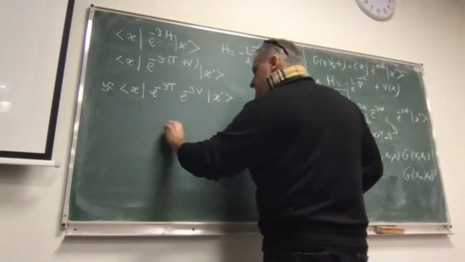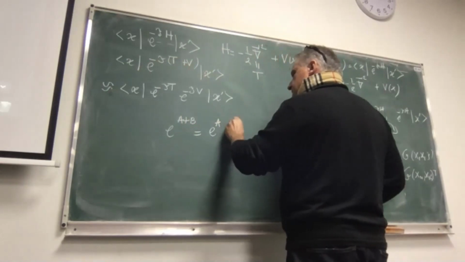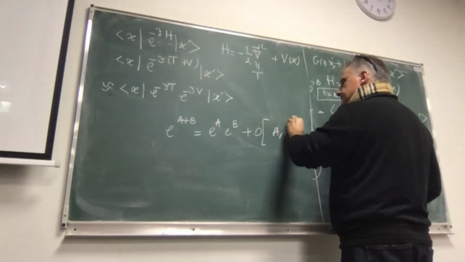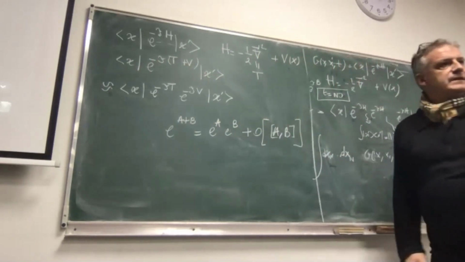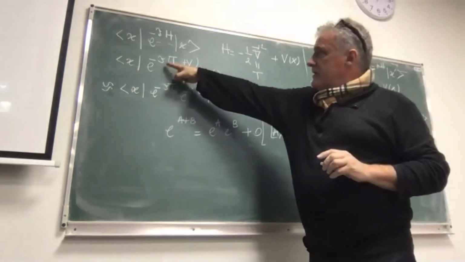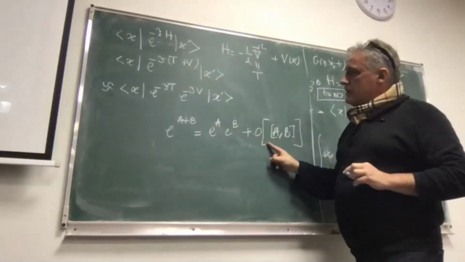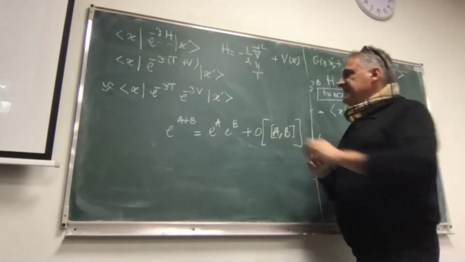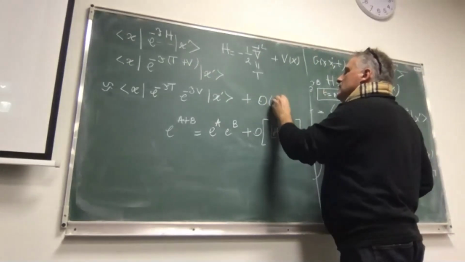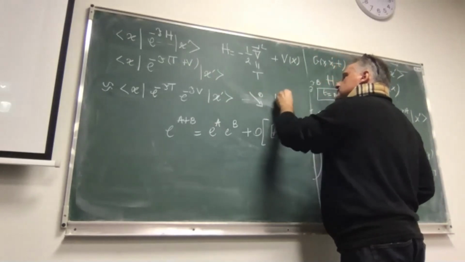So to write exponential A plus B, A plus B, plus a term which is related to the commutator of A and B. Okay? We know that if I write exponential a plus b as a product of exponentials, a and b do not commute, so there is an error. But this error, you can show, goes to 0 when n goes to infinity.